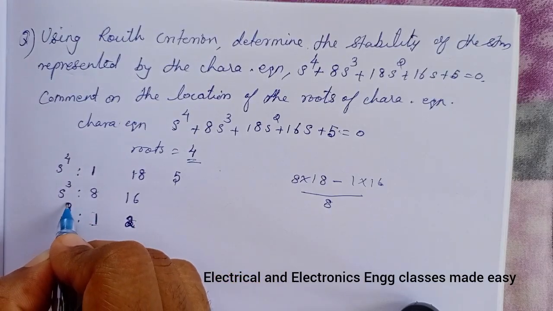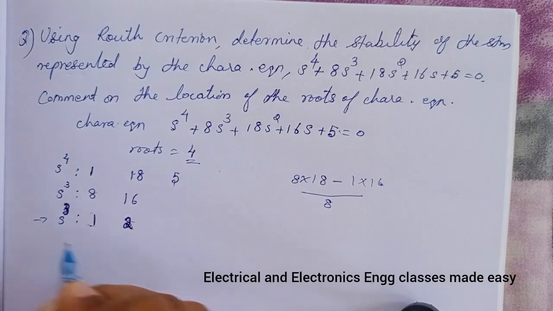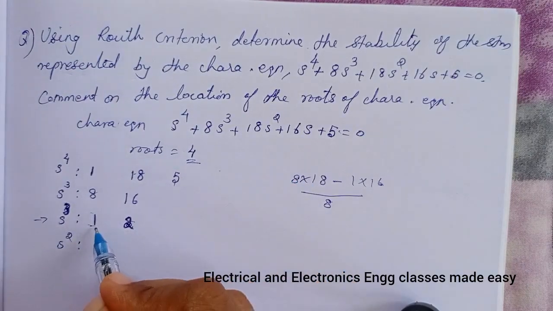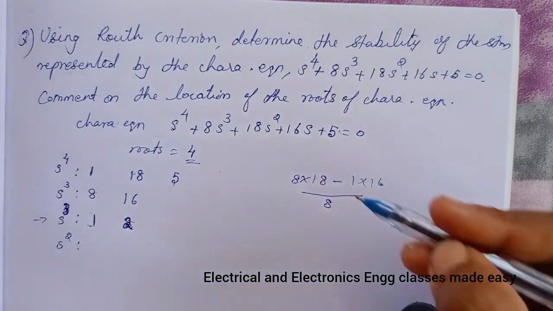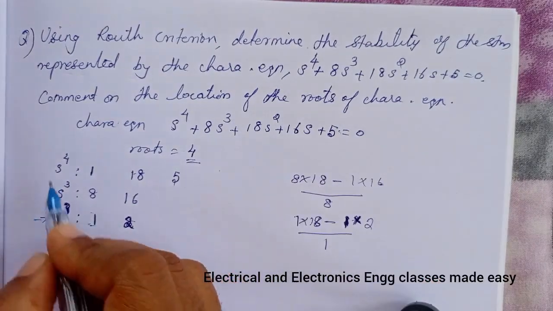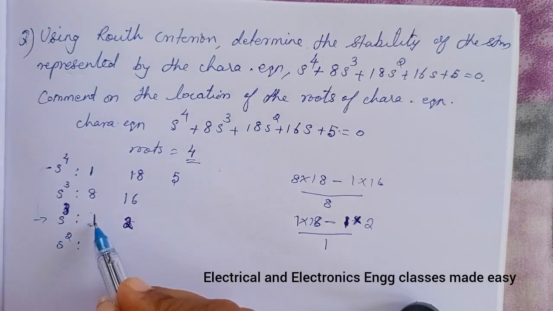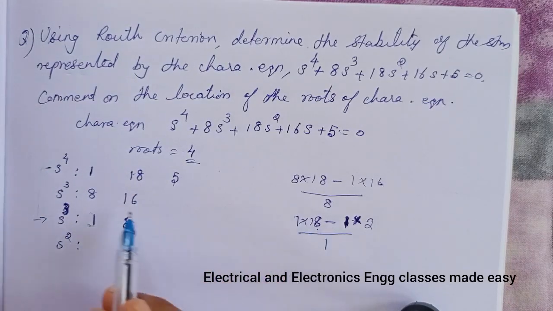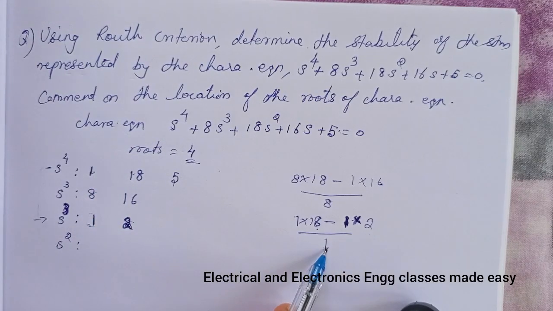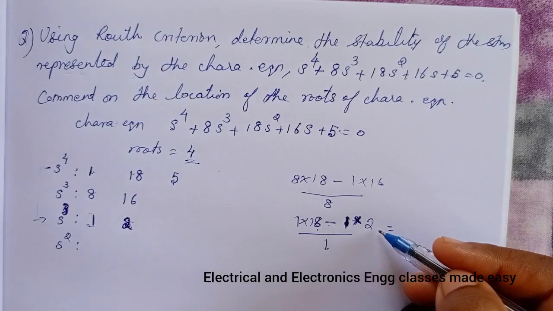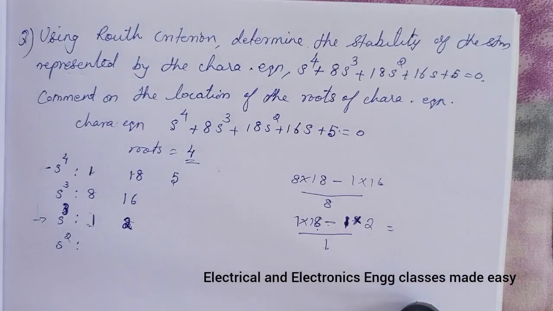So this is s cube. Now s square we have to find. Here we consider these 2 rows, that is 1 into 18 minus 1 into 2 divided by 1. So we get 18 minus 2 divided by 1, that is 16.